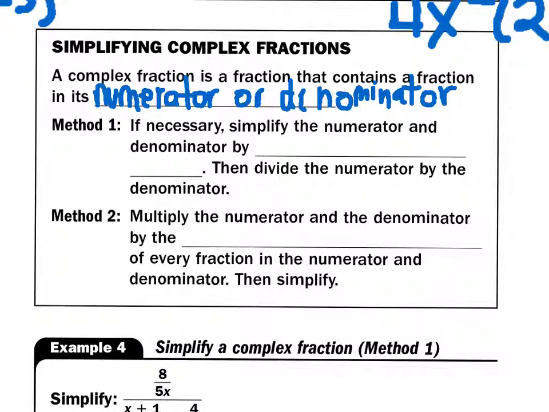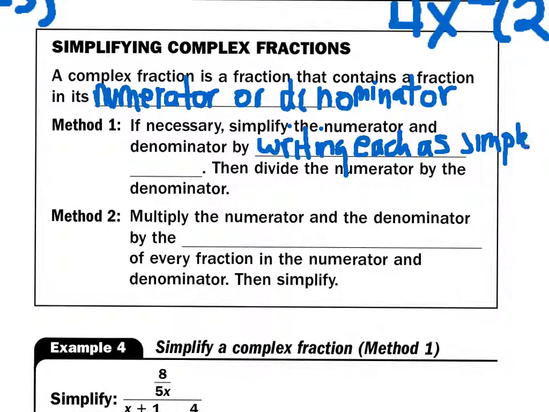If necessary, simplify the numerator and denominator by writing each as a simple fraction. Then divide the numerator by the denominator. Or, method 2, multiply the numerator and denominator by the lowest common denominator of every fraction in the numerator and denominator. Then simplify.